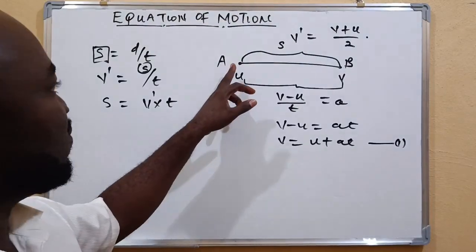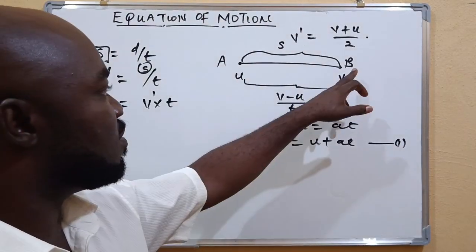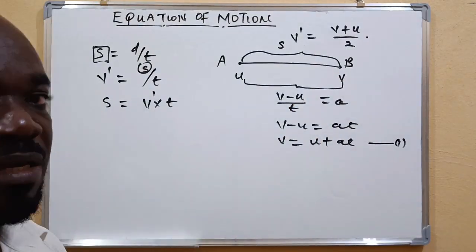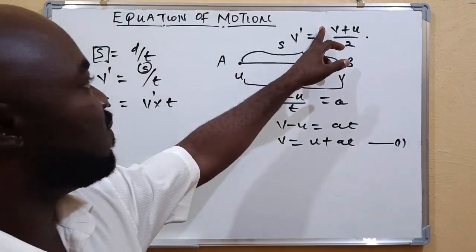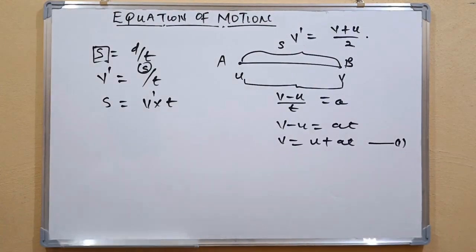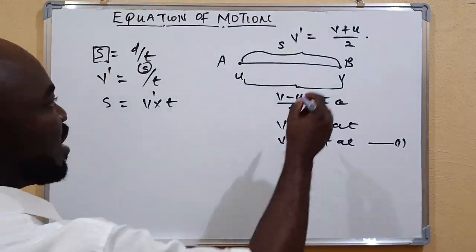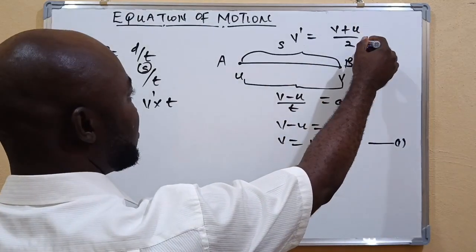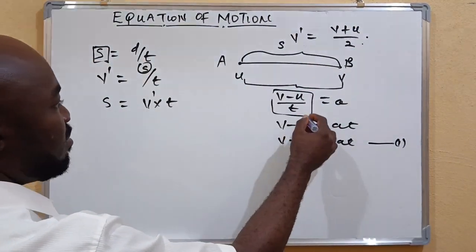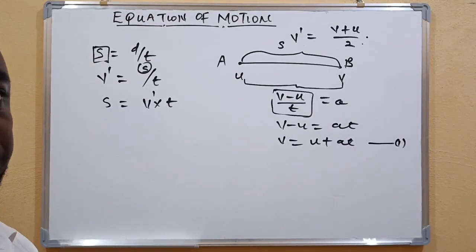The distance traveled from this point to this point is my s. The average velocity taken by the journey is v plus u divided by 2, and then over a period of time t. Now take note that the average velocity, which is v1, is this, and from this equation here, I can make t the subject of the formula.